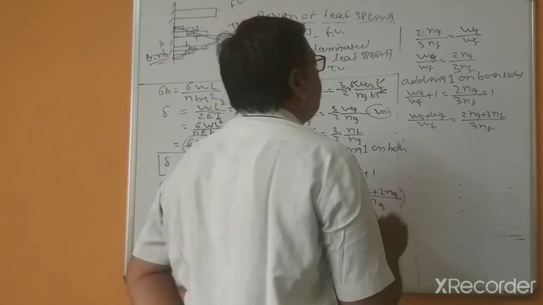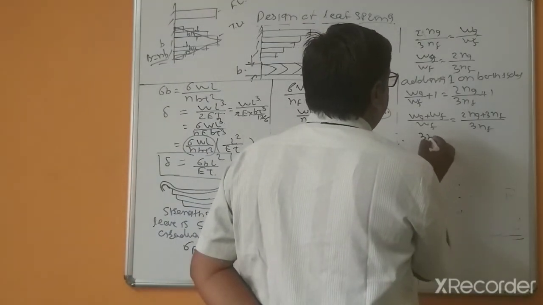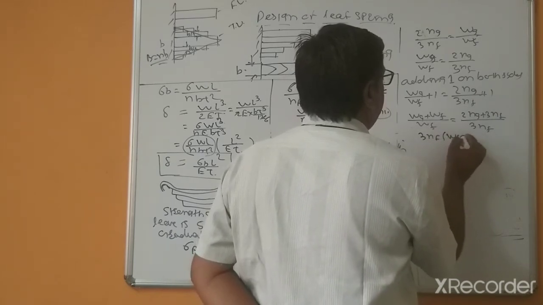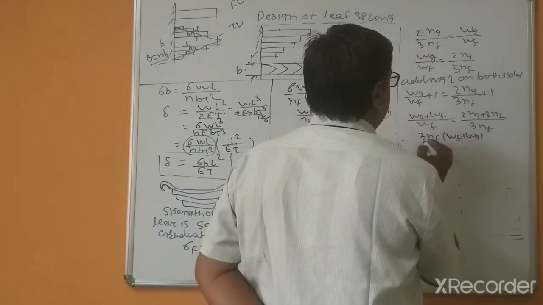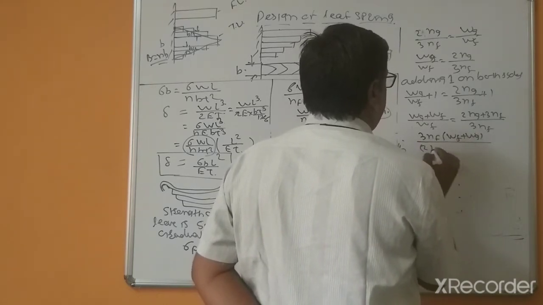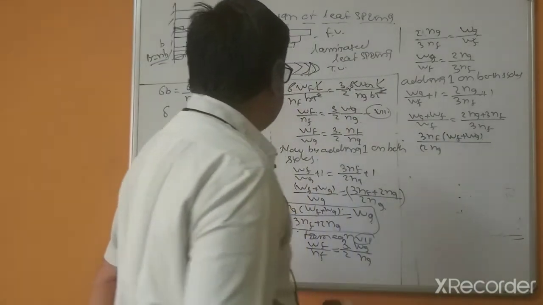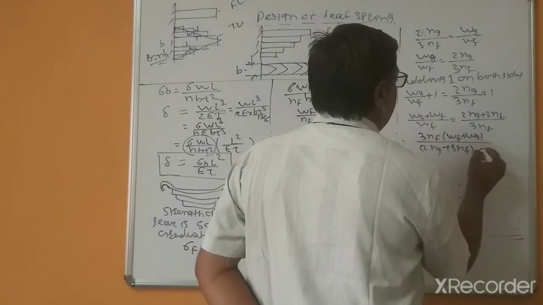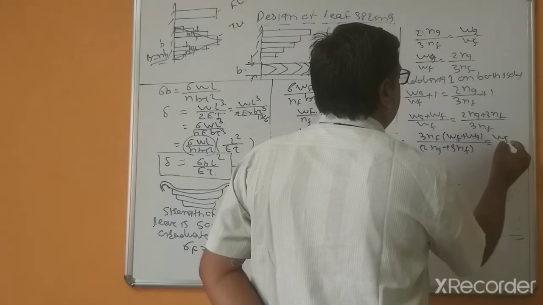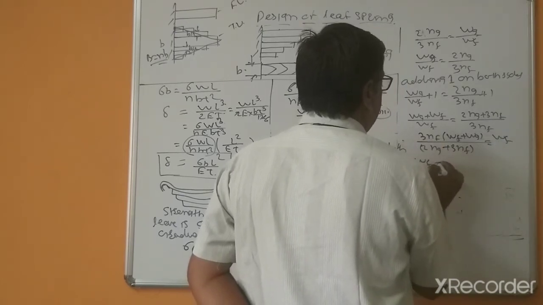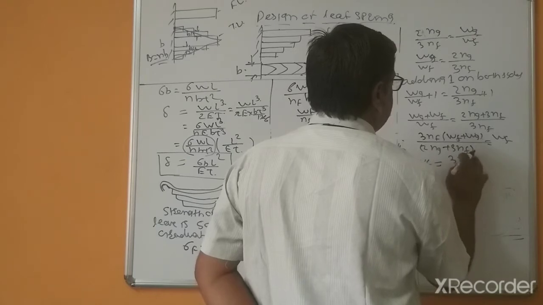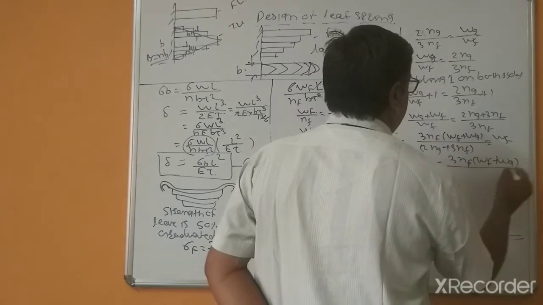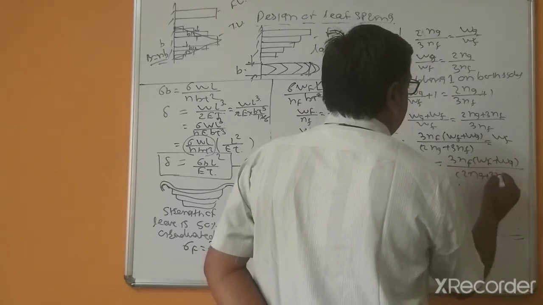Now cross multiplying, WF equals 3NF times (WF plus WG) divided by (2NG plus 3NF).